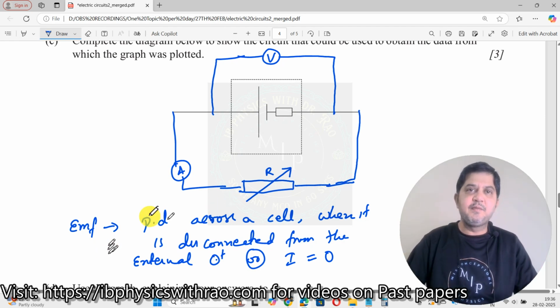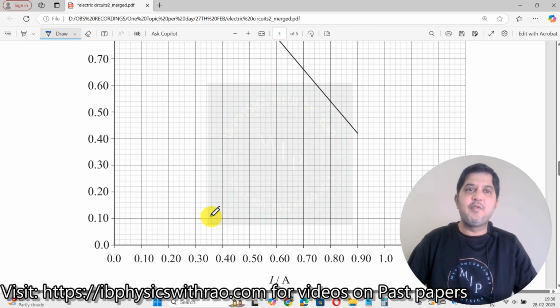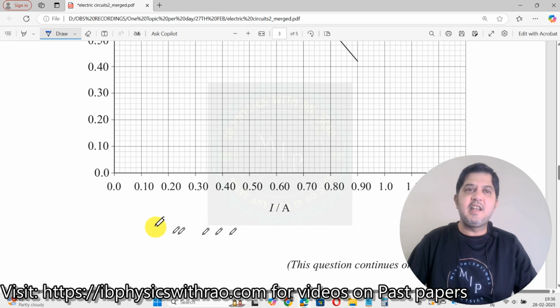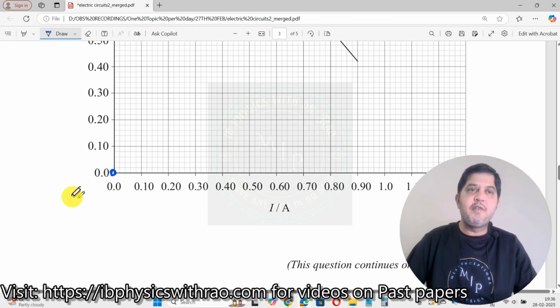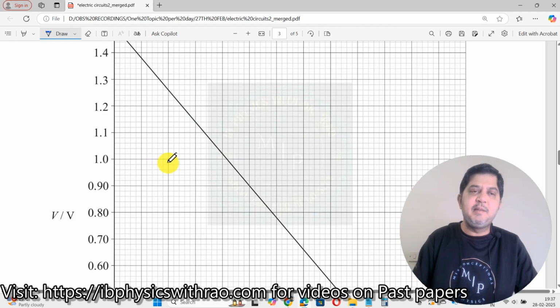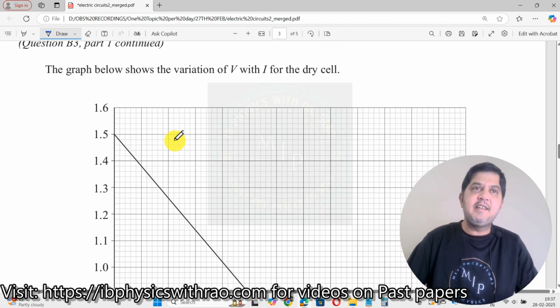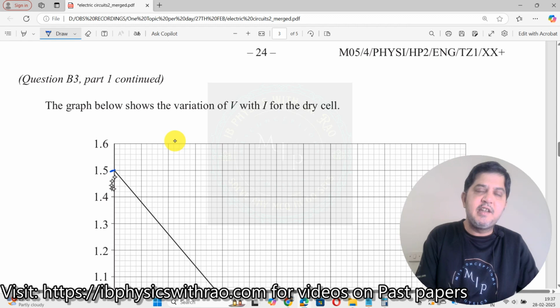So as a result of this, now go back to the graph over here and find out where the current is 0. See, current is 0 at this point. Now find out what is the voltage corresponding to it. Don't put 0 here. Answer is not 0. The voltage corresponding to it is where that line intersects this point. See, look at the coordinate here. The coordinate is x comma y.